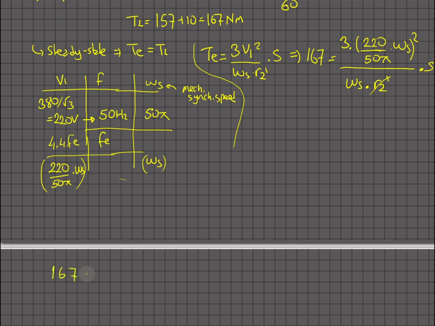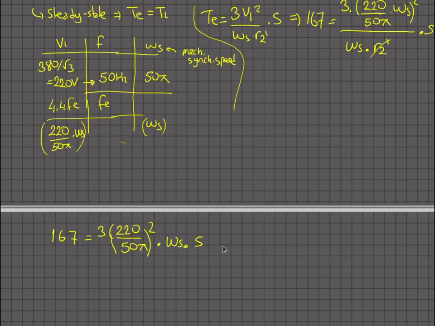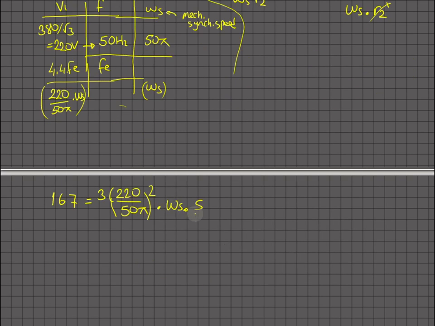That one is equal to 220 divided by 50 pi, and that one cancels, so this is squared times omega s times slip. I have two unknowns, but I can write the slip in terms of the rotor speed and omega s.